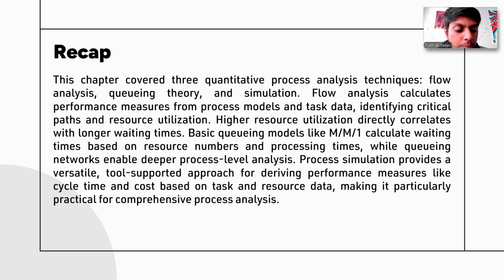Process simulation provides a versatile, tool-supported approach for deriving performance measures like cycle time and cost based on task and resource data, where you use different instances and utilize the resources at hand to gain a better understanding of the various hypothetical outcomes that can take place, and we can make a final assumption in the end. By using this data, it is particularly practical for comprehensive process analysis.